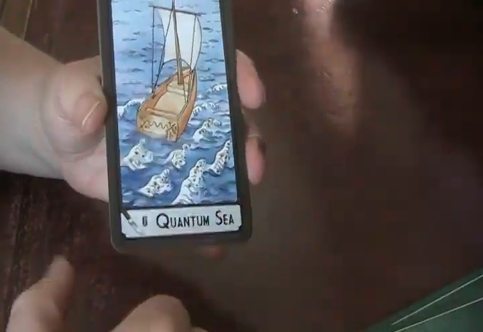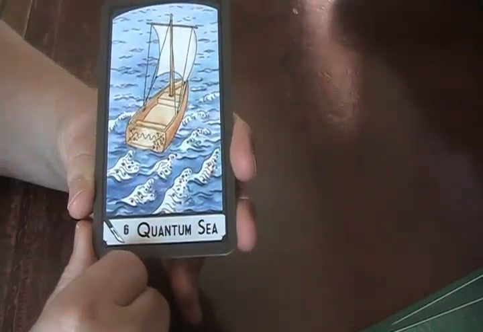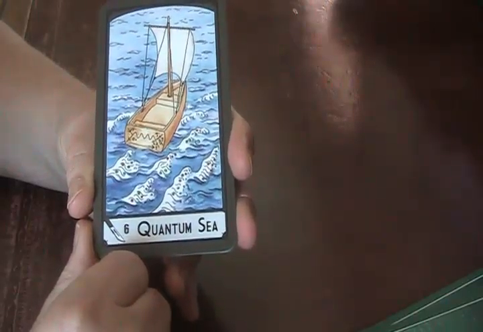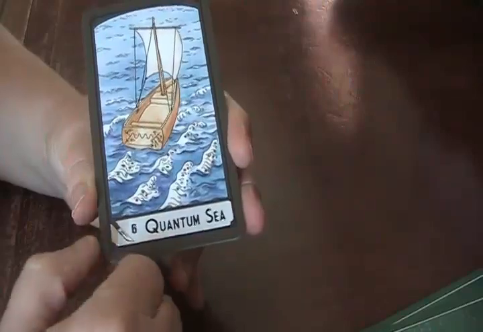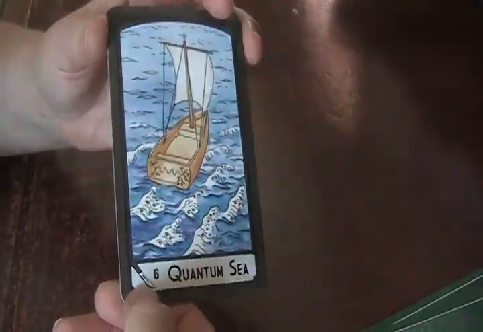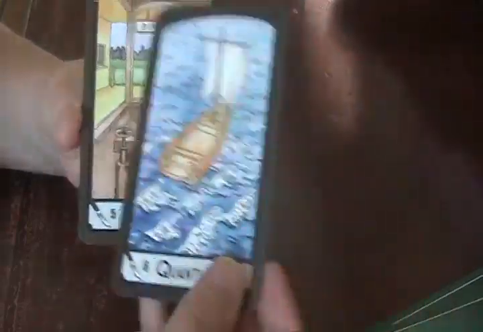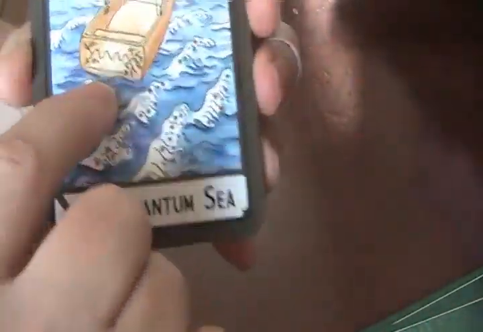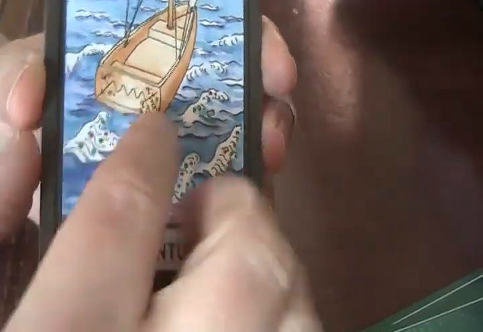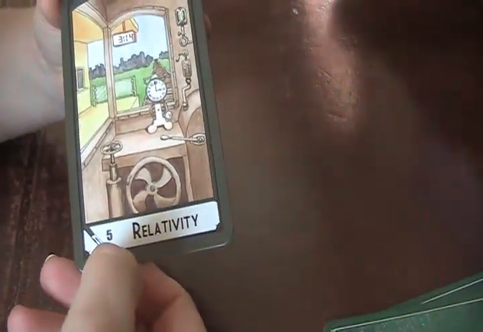That there is. This is quantum, I don't know what this is about. I don't remember. It might be about the movement of waves. I just don't remember. Theory of relativity.